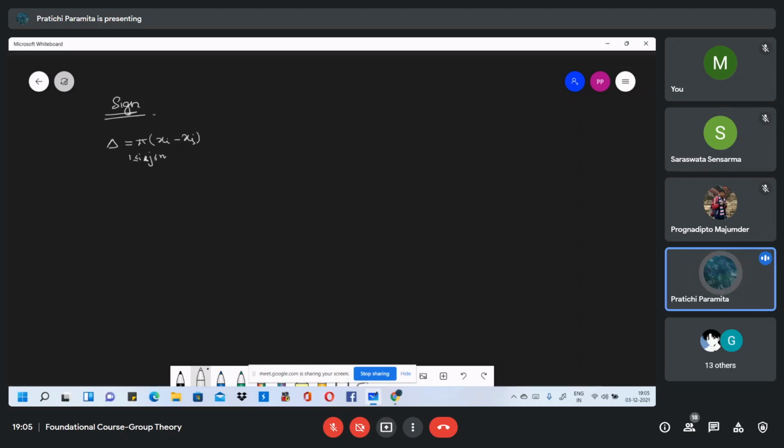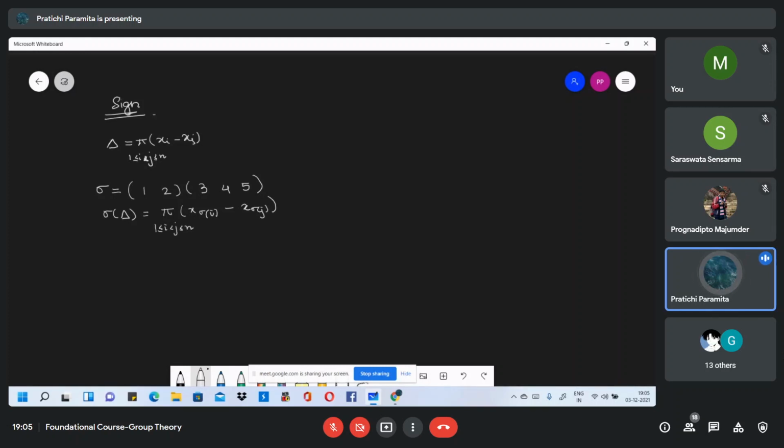And I'm going to talk about sigma as a product of transpositions. Say, suppose sigma is (1 2 3 4 5). Then sigma of delta is nothing but the product of x sigma i minus x sigma j, where i is less than j.